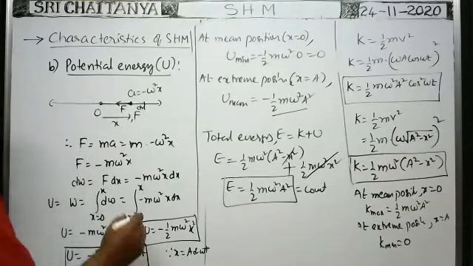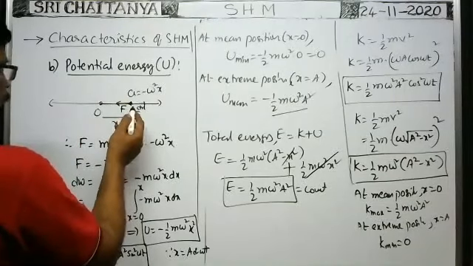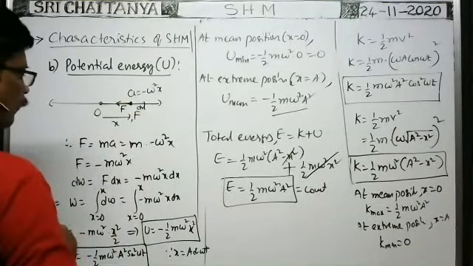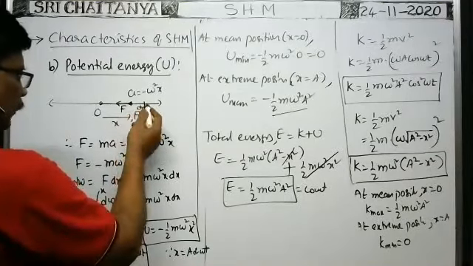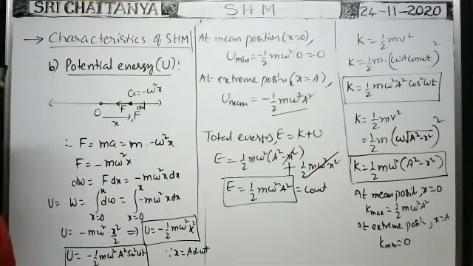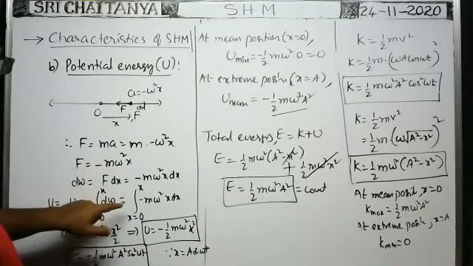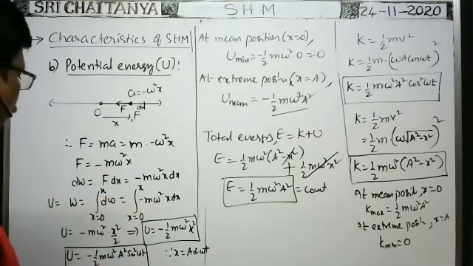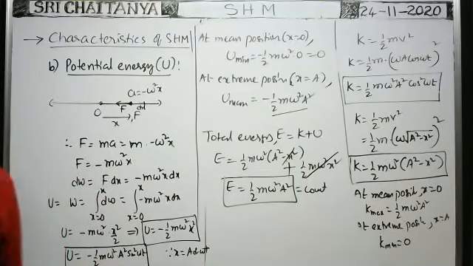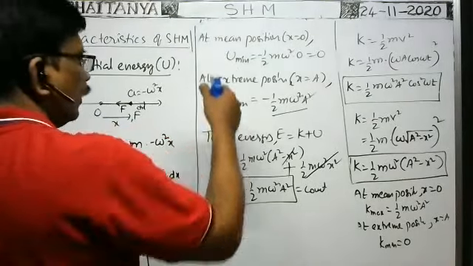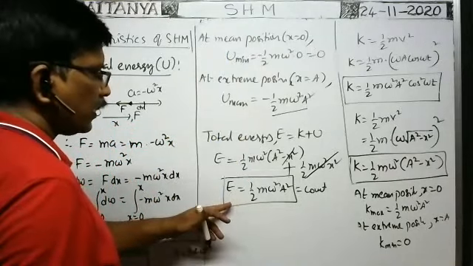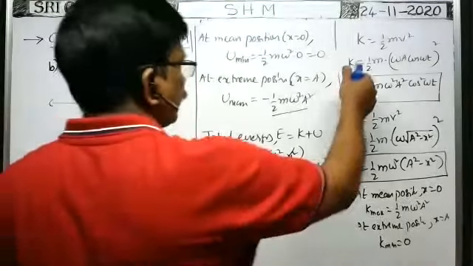The force acts on the particle in this direction and the displacement is in the opposite direction, so it is negative work. We have already taken the minus sign. This is the formula for the total mechanical energy of the particle in SHM.